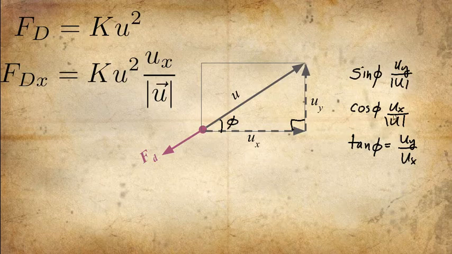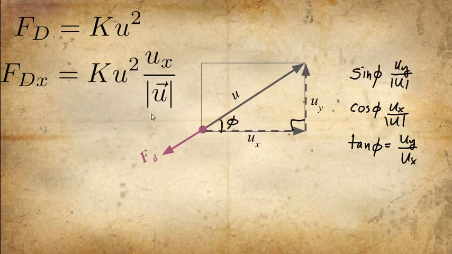And the cosine of phi, notice, is ux over u here. Where when I'm saying u, what I really mean is the magnitude of vector u, the length of this hypotenuse. So when you see this expression, this is just a way of getting the component of the unit vector that is pointing in the direction we're calling x from something whose total magnitude is proportional to u squared and equal to k u squared.